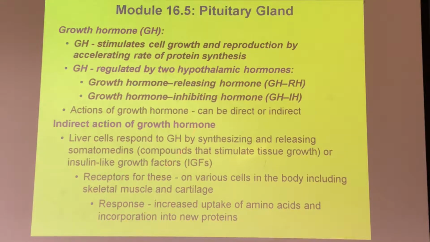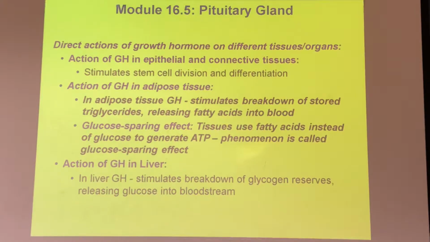The action of growth hormone: its receptors are on cells in the body, including skeletal muscles, and the response is uptake of amino acids. I don't think you need to go through this in detail, but you need to know how these growth hormones can act on different tissues.